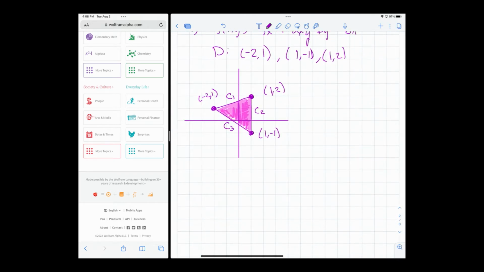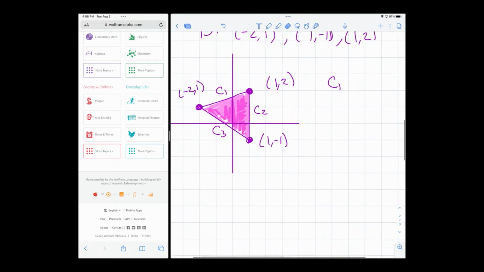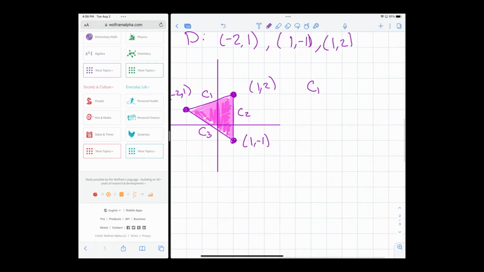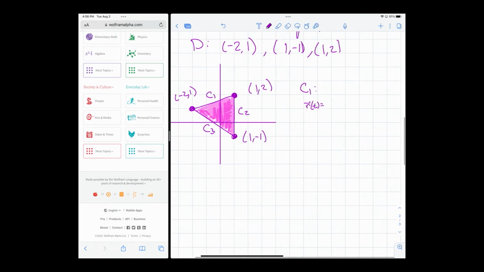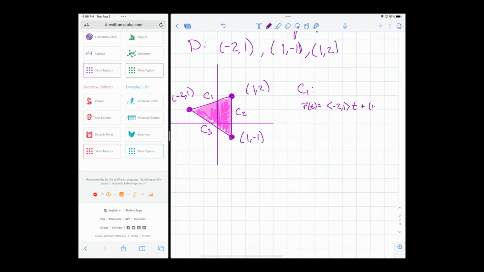That's our triangle. Each piece of that boundary is going to need to be parameterized. There's different ways to do that. One way would be like this. C1 could be, for example, the segment between those 2 points that you see there. One way to parameterize it would be to say r of t equals the first point as a vector, -2, 1, times a parameter t, plus 1 minus t times the other point, 1, 2.